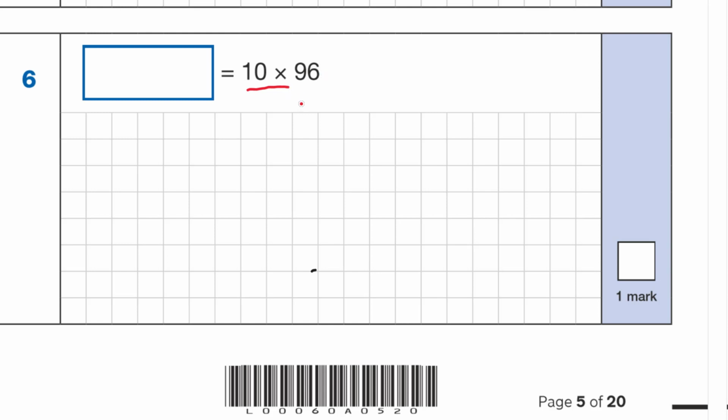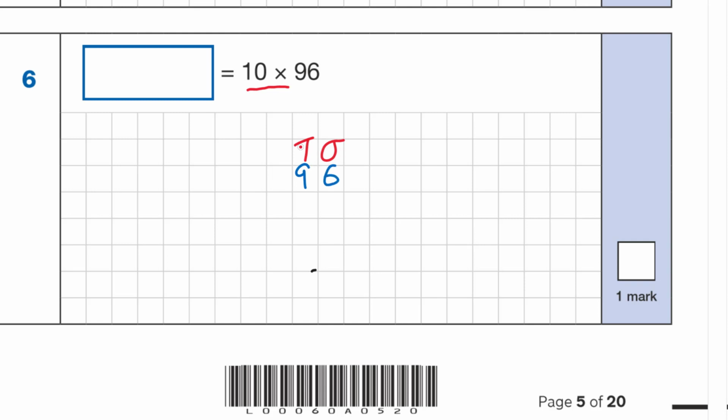When we times something by 10, we simply take our number and we think about the value of each digit, and we're going to move it over to the left. So 96 becomes 960, but let me just demonstrate what I mean by the value. So I've got 9 tens and 6 ones.